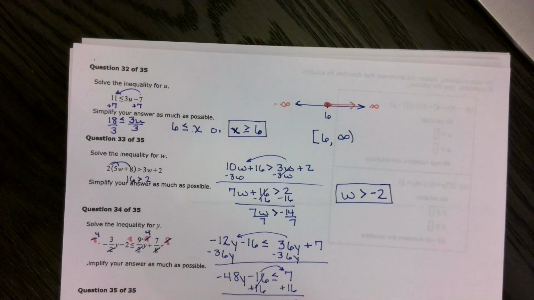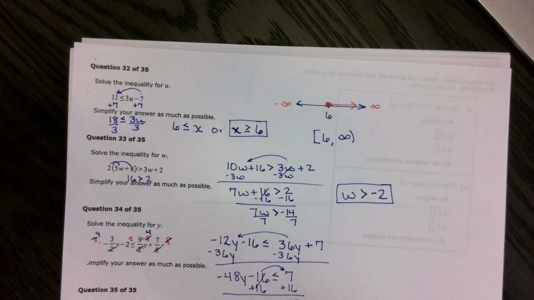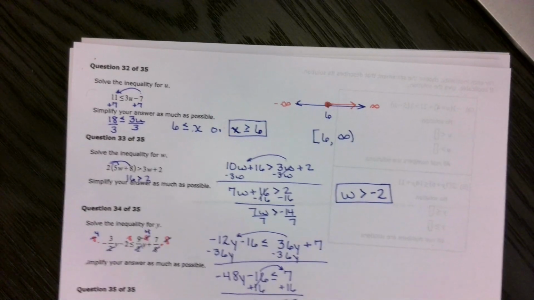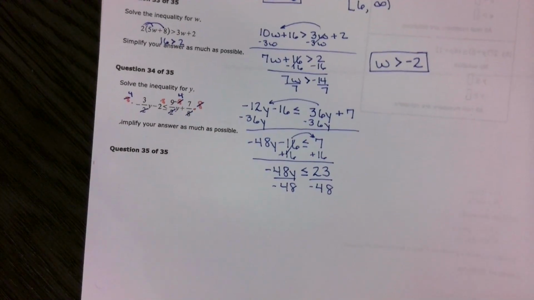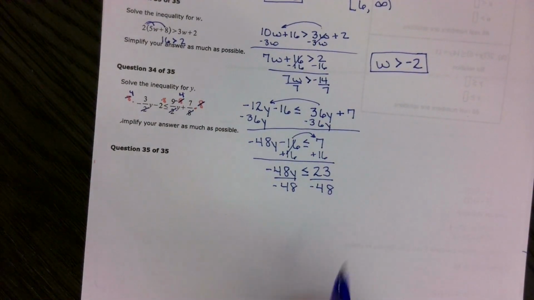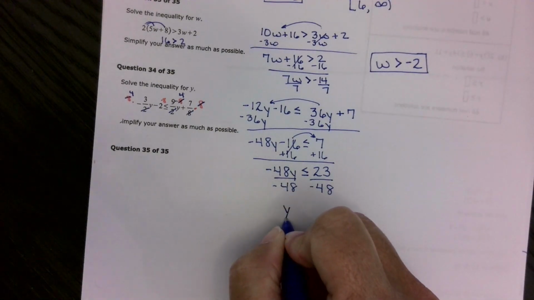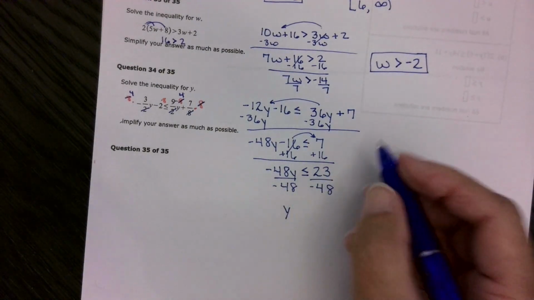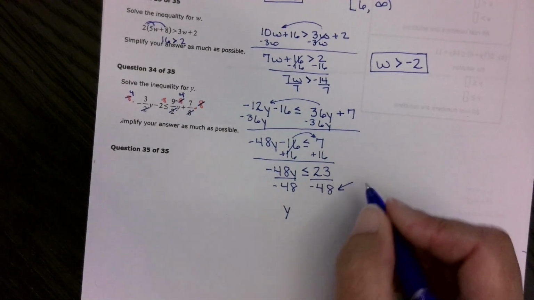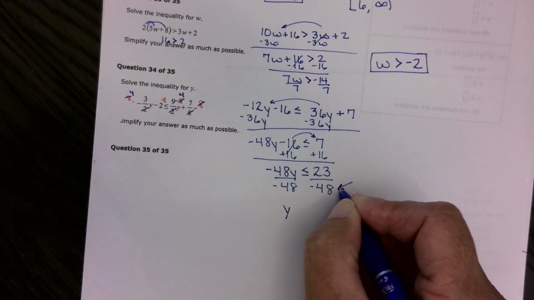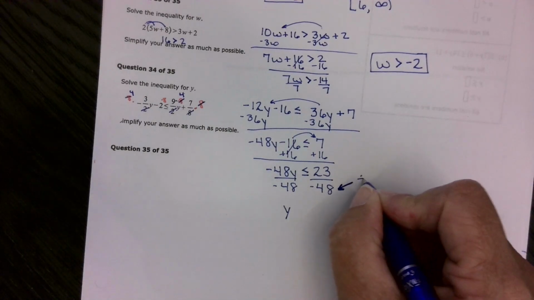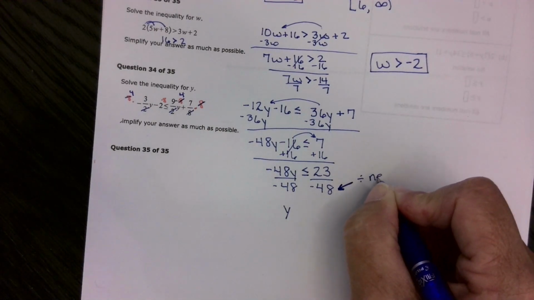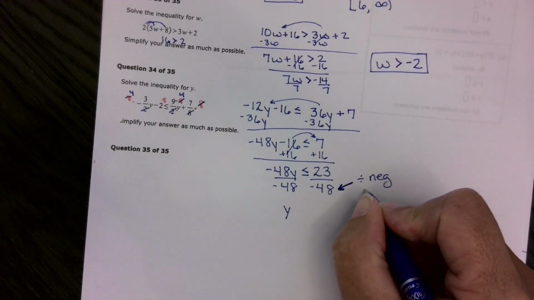I'm going to divide by negative 48. Oops, I need to move that up. There we go. And I get y. Because I'm dividing by a negative, my inequality switches.